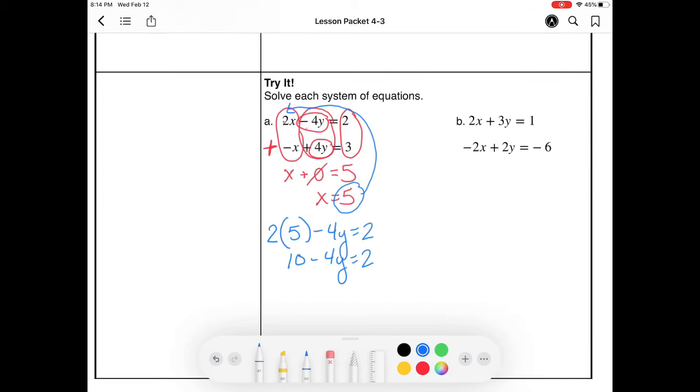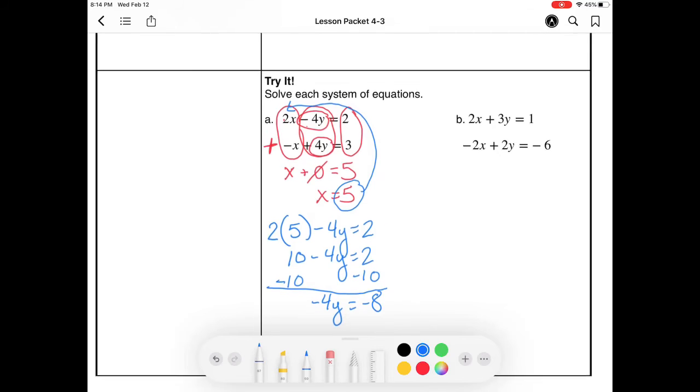I'm going to use my inverse operations to get rid of the 10. Since it's positive 10, I'm going to subtract 10 from each side. And I'll be left with negative 4y equals 2 minus 10, which is negative 8.